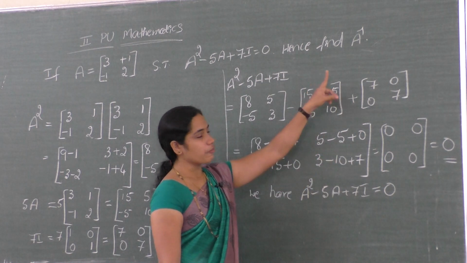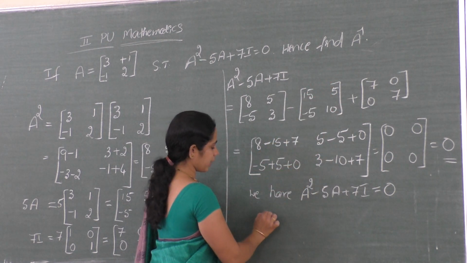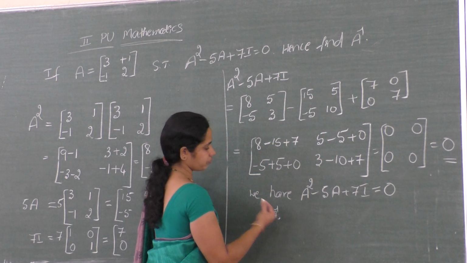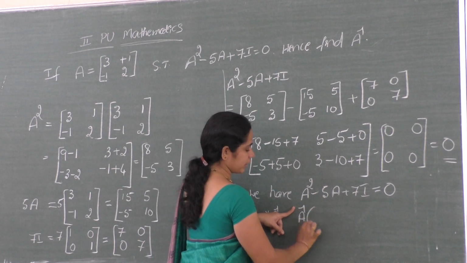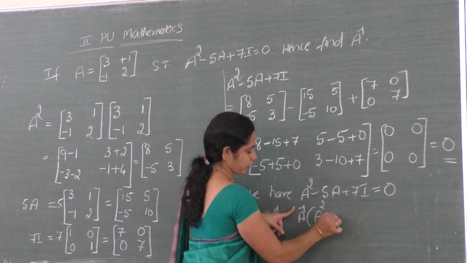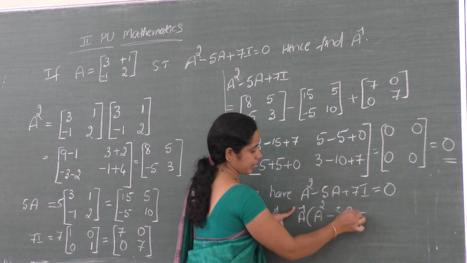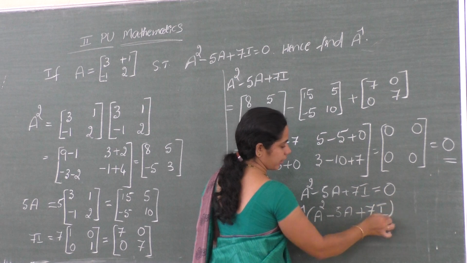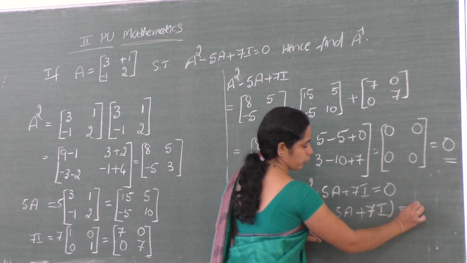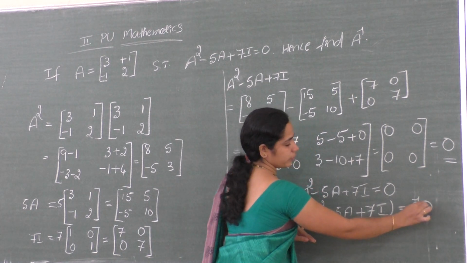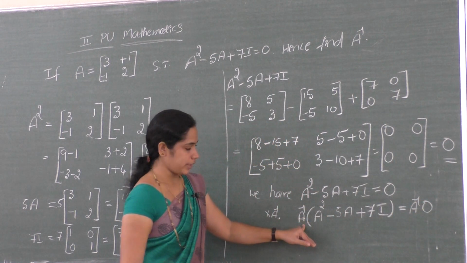Now, multiply by A inverse on both sides. What you will get? A inverse into A square minus 5A plus 7I equal to, pre-multiplying here, A inverse into 0 matrix.